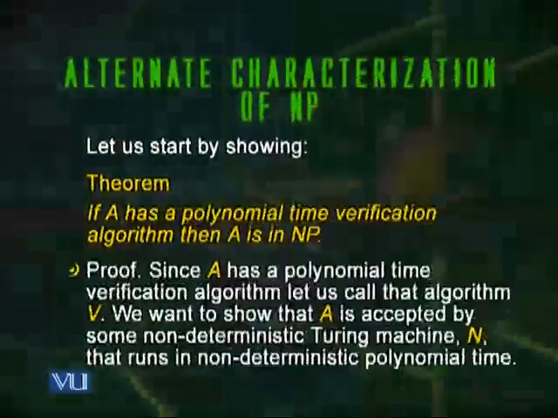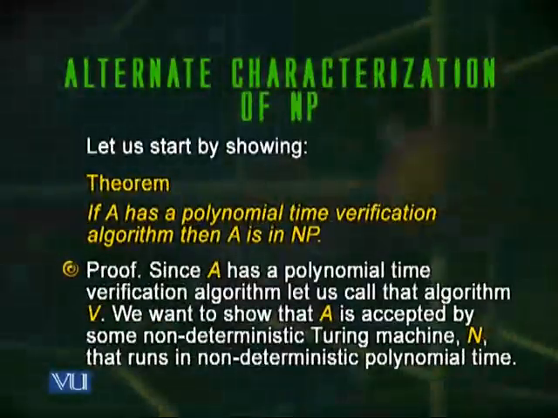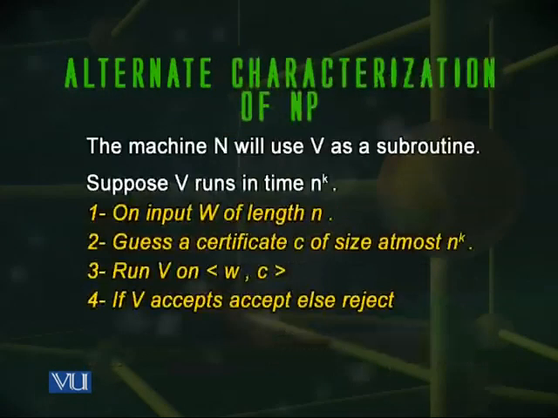What we have to do is to argue that this non-deterministic Turing machine runs in non-deterministic polynomial time. Let's look at the details. What we want to show is that A is accepted by some non-deterministic Turing machine N that runs in non-deterministic polynomial time. The machine N will use V as a subroutine.